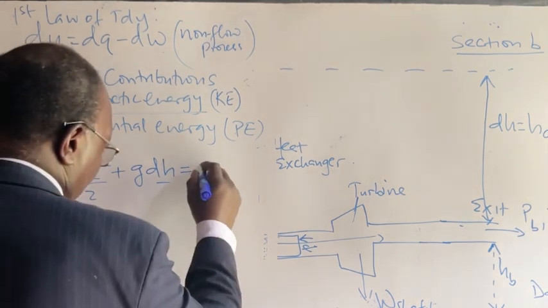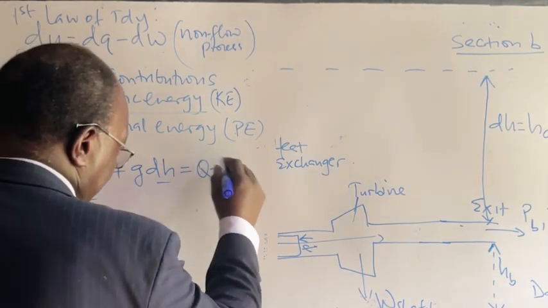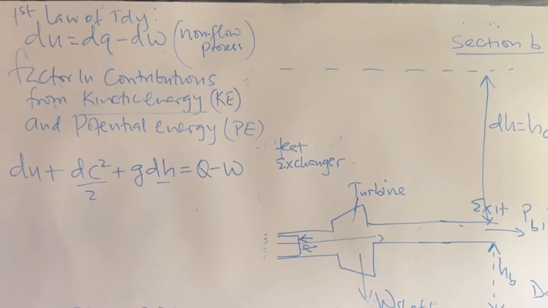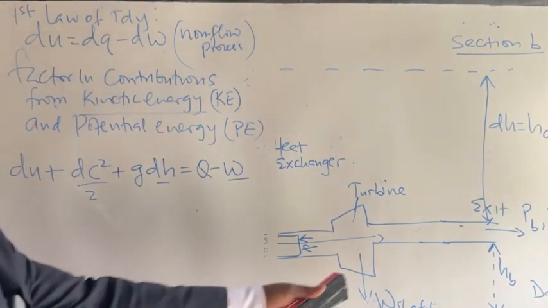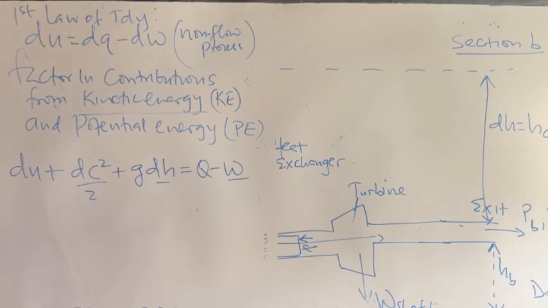And that must be equal to Q minus W. And remember, this W also has the shaft work, that is the work which will be extracted at the turbine.